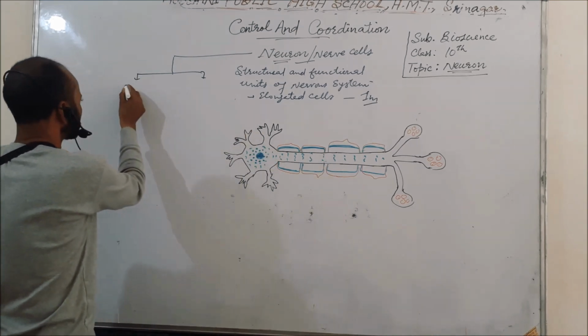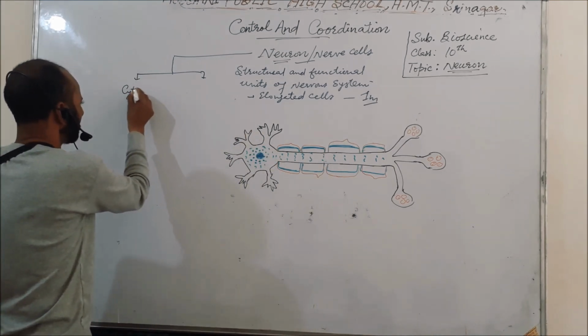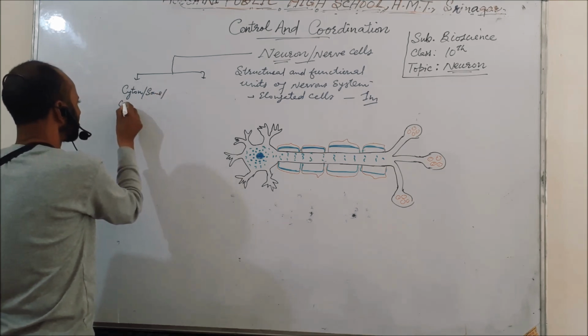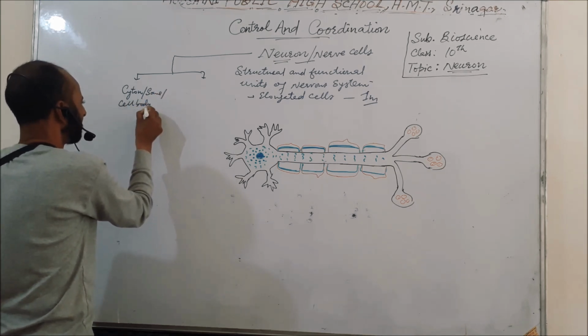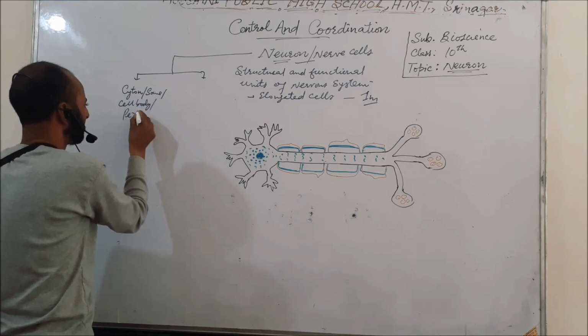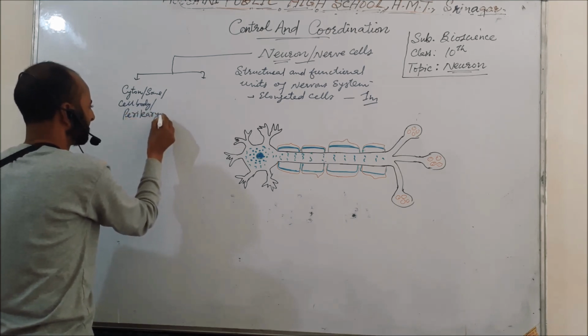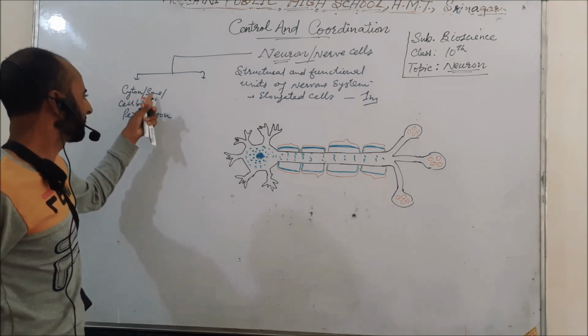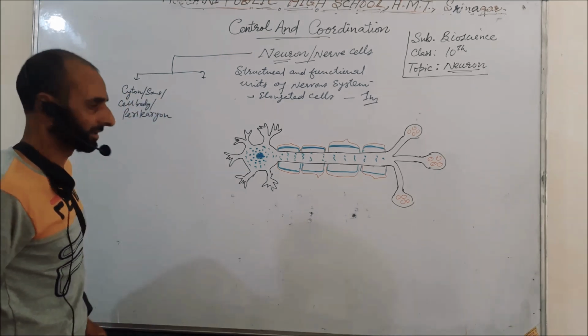Number one, cyton. It's also called soma, cell body, or perikaryon. These are the same names: cyton, soma, cell body, or perikaryon.